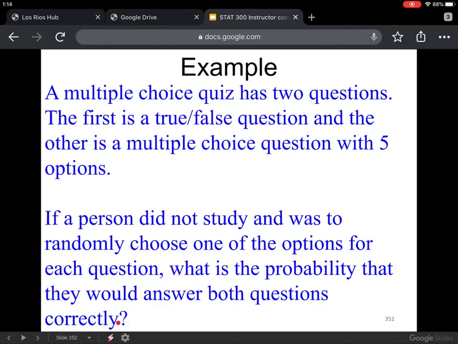So I want a correct answer on the first and a correct answer on the second. There's a true-false question, so a 50-50 chance of getting the first one right. And there are 5 options in the second exercise, which means a 1/5 chance of getting the other one. I want both to be true.